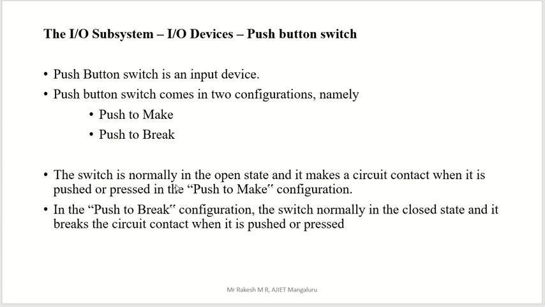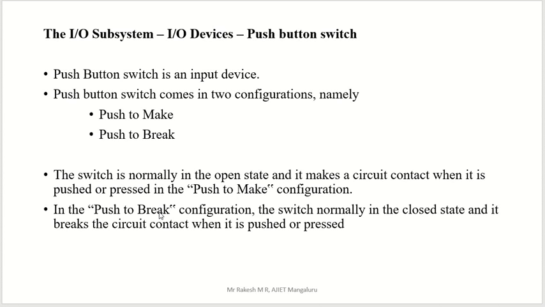The switch is normally in the open state and it makes a circuit contact when it is pushed or pressed in the push to make configuration. We are making a circuit by pressing push to make. We are breaking the circuit by push to break.